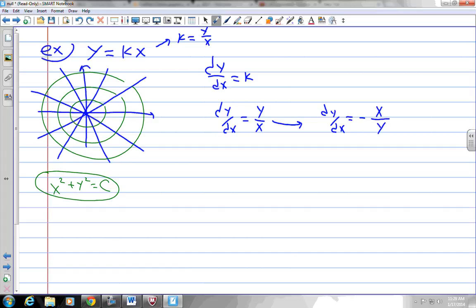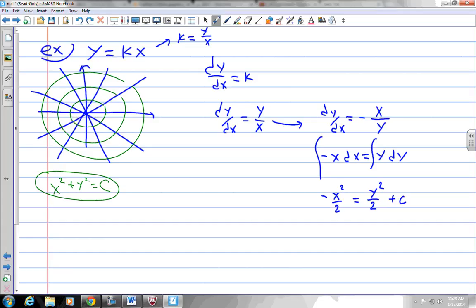The negative reciprocal part? So now if we do the separation of variables, we get negative x dx equals y dy. So you integrate both sides, and we get negative x squared over 2 equals y squared over 2 plus some constant.